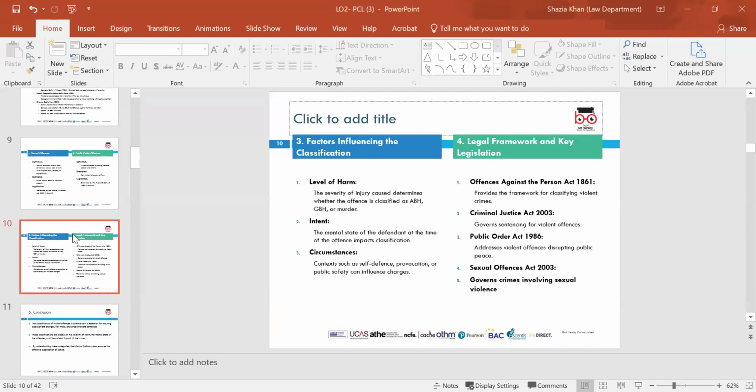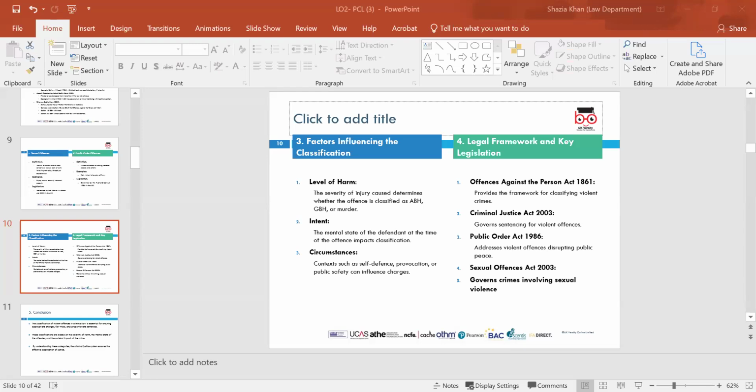Next one is factors influencing the classification. When classifying offences, key factors include the severity of harm caused, the offender's level of culpability, intent and planning, the nature of the victim, so vulnerability, the context of the crime, the location, aggravating circumstances, or whether the offence was committed as part of a larger pattern of criminal behaviour, all of which contribute to determining the seriousness of the crime and its corresponding legal classification.